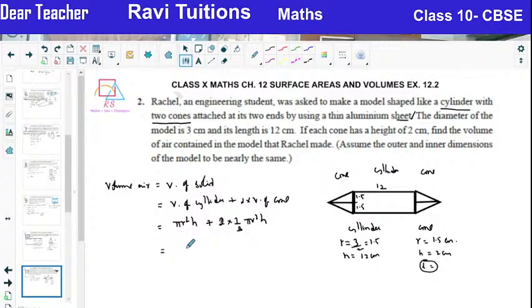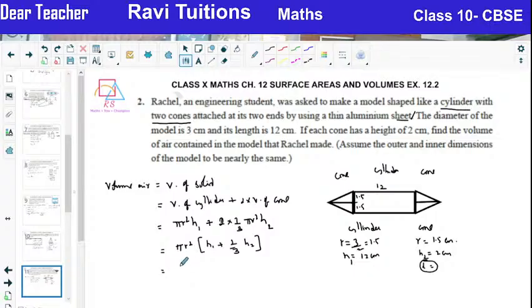So now I will take pi r square common. H is different, I will add h1 and h2. Heights are different. So here the cylinder is h1 and the cone is h2. So be careful. Pi r square into h1 plus 2 by 3 h2.